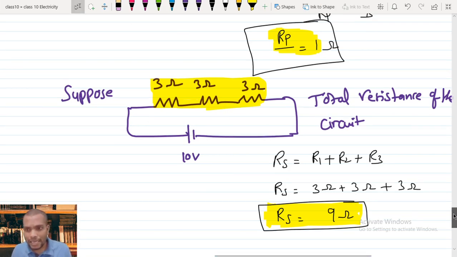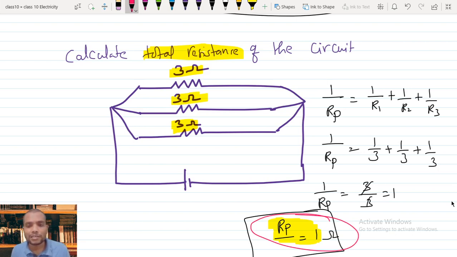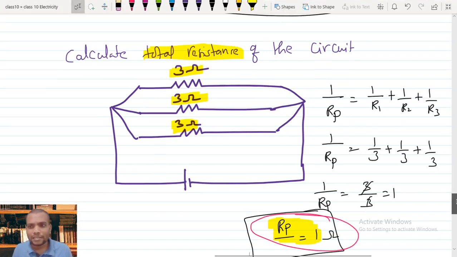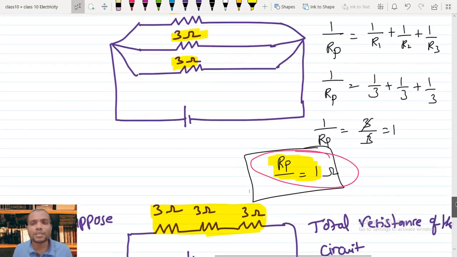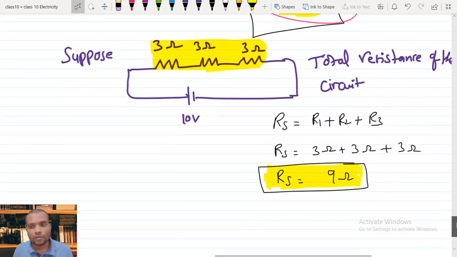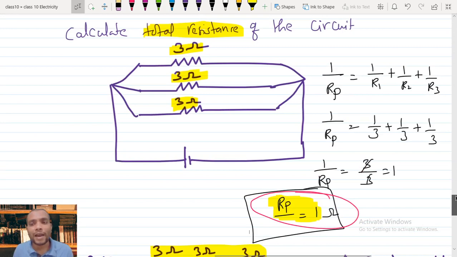But when it comes to parallel connection, when 3 ohms are connected in parallel, the total resistance is less than the individual resistance. So if you have a small resistance and want to increase it, you need to connect it in series. Or as a shortcut: in series the resistance value increases, but in parallel the resistance value decreases.